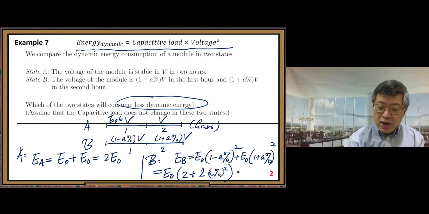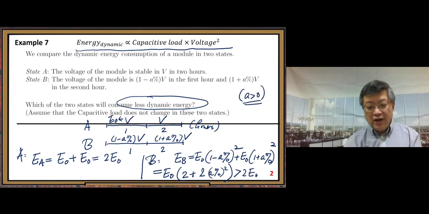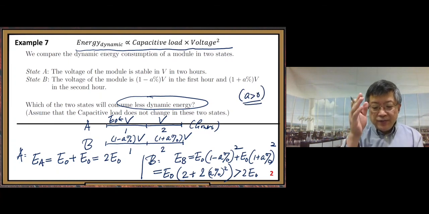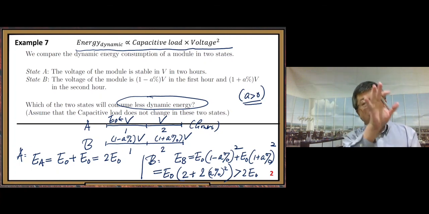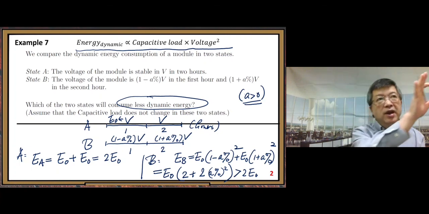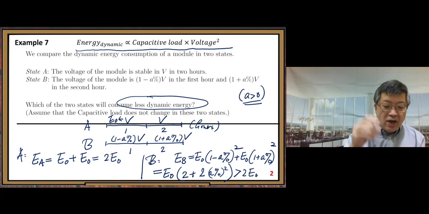So you can see this number is greater than 2E0. Here let us assume A is greater than 0. So the answer for state B is greater than the state A number. So the conclusion: state A consumes less dynamic energy.